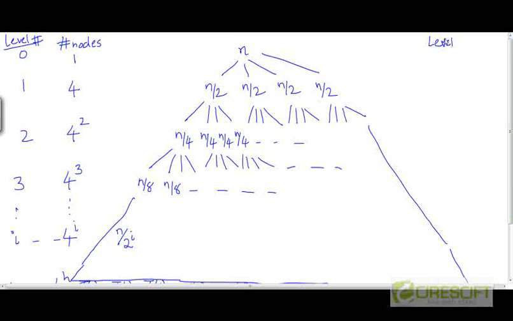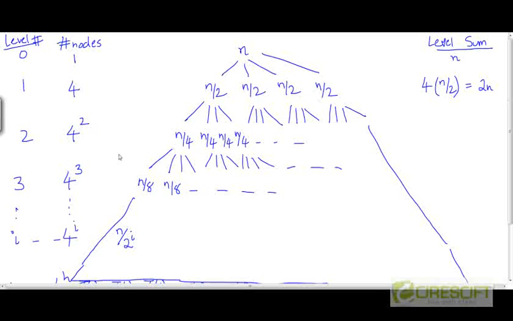So to calculate T(n), we have to calculate the level sums at each level and then add them up. So what's the level sum at level 0? It's just n because there is a single node with a cost of n. The level sum at level 1 will be 4 times n by 2 because there are 4 nodes with a cost of n by 2 each. So that's 2n.